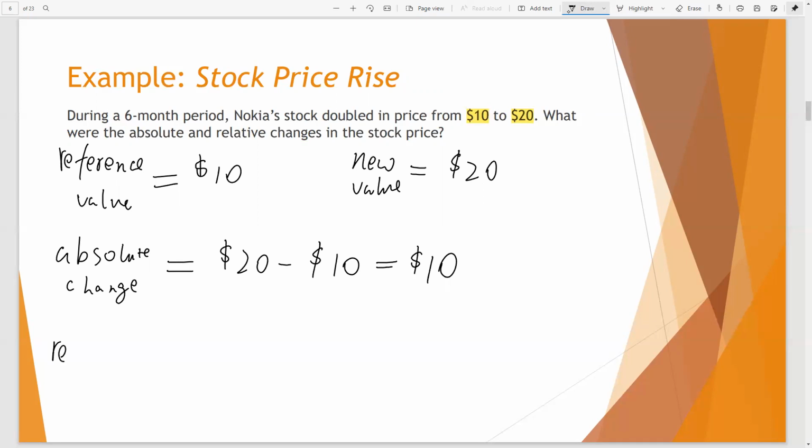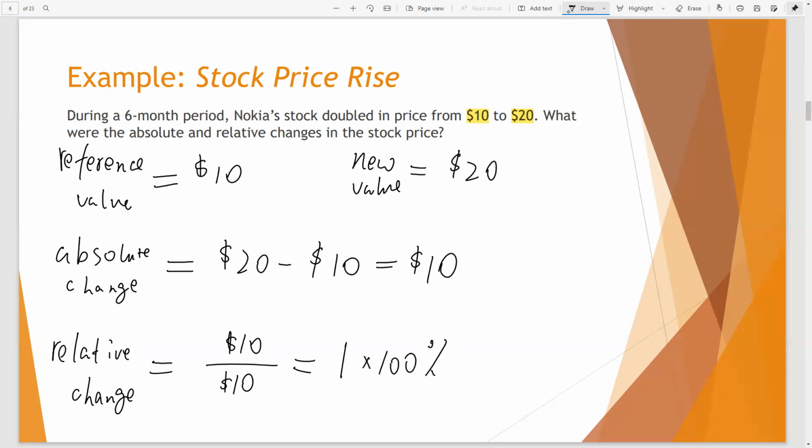And the relative change is the absolute change divided by the reference value. In this case, they are actually the same, so when we divide, that's 1. And when we want to convert a number to a percentage, we multiply by 100%.